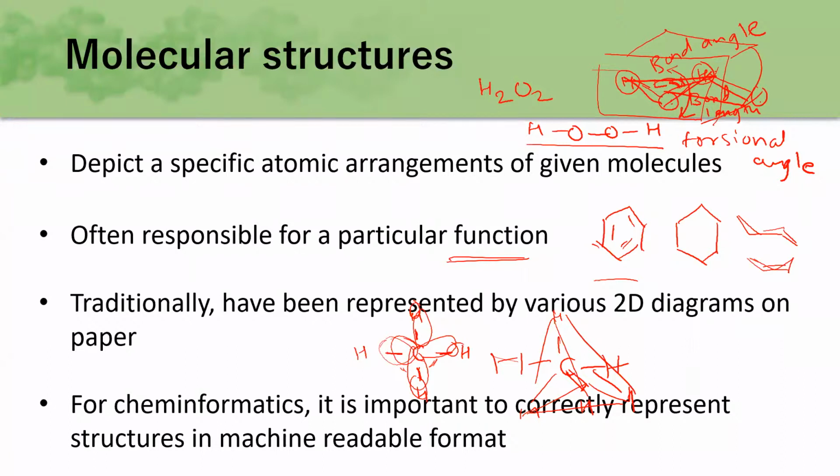Remember that if the structural representation is wrong for your molecules, then we will have very wrong results in the docking. Just for example, let's say we have a protein, and we have an amino acid which is bound here. Let's say the amino acid has a carboxylic group over here in this way, and it is in the negatively charged state at a certain pH.